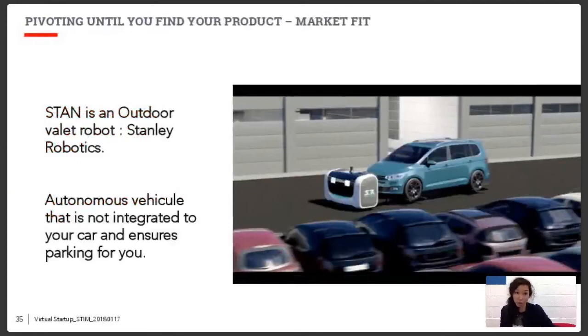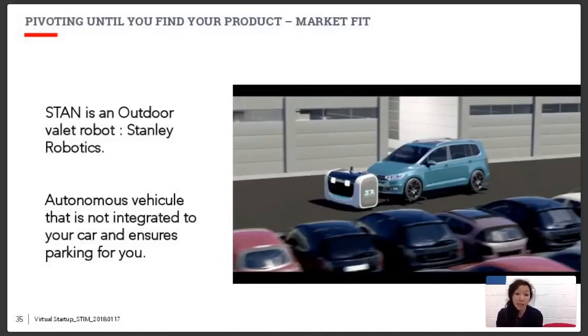And this solution actually exists. I don't know whether you've heard about that, but Stanley Robotics, which is a French company, developed a couple of years ago an outdoor valet robot, which is called Stan. And Stan is an autonomous vehicle, which is not integrated in your car and ensures parking for you. So basically, once you arrive at the parking, you just leave your car and you take it back once you are back and you need it.